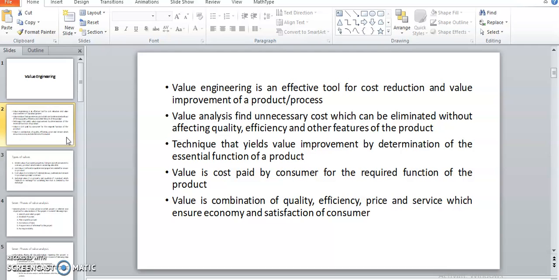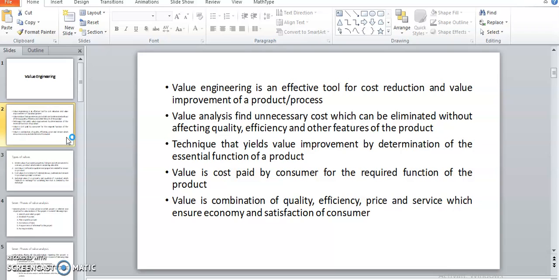So, in value analysis, we identify unwanted or unnecessary cost which we can eliminate without affecting the quality, efficiency and other features of the product. We find out the unnecessary elements which introduce cost in the product, and we can eliminate those elements or costs without affecting the quality and efficiency of that product.